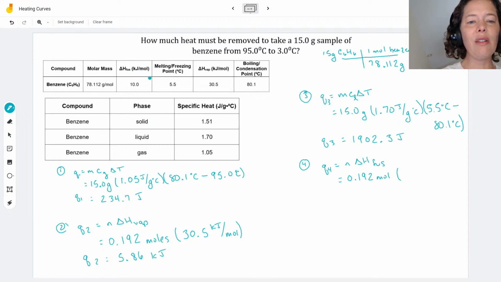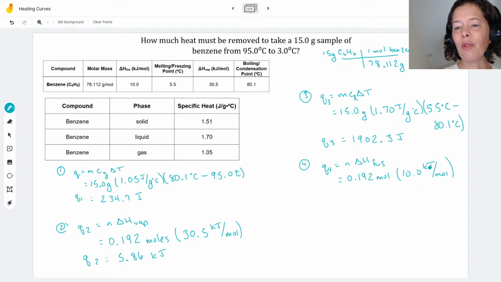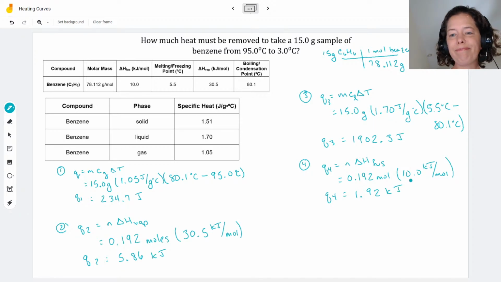There's vaporization. Heat of fusion is 10. Again, that is kilojoules per mole, which means that my moles will cancel. I'm left with kilojoules, which is great. So Q4 is 1.92 kilojoules.